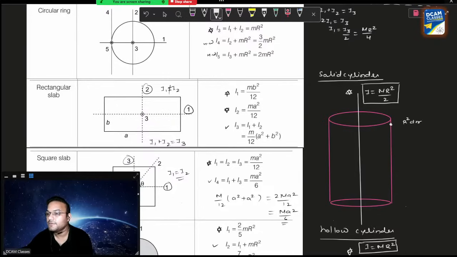For each mass, it will be dm into r square, dI. And the total moment of inertia will be r square will come outside integral dm. So it will be m into r square. Because every mass, whatever mass you take for the hollow cylinder, is at a distance of r only from this axis. Getting it?